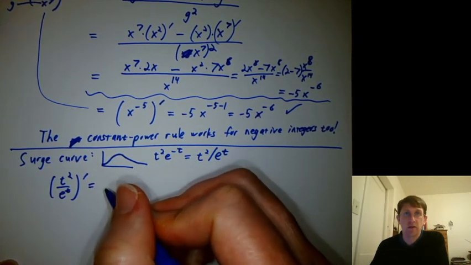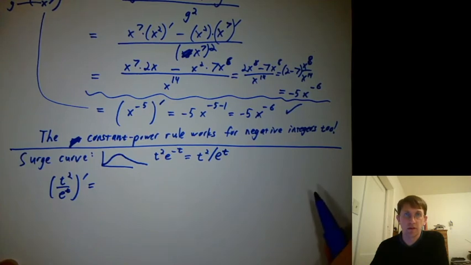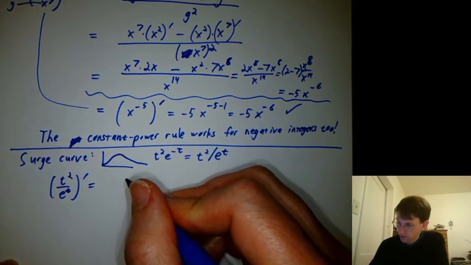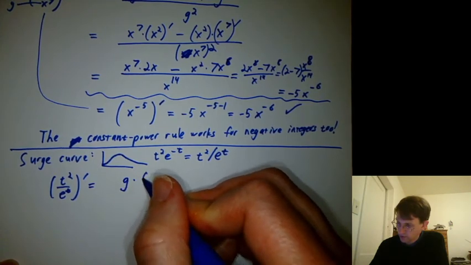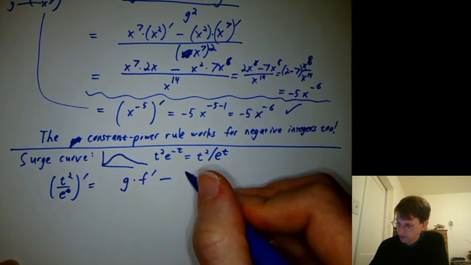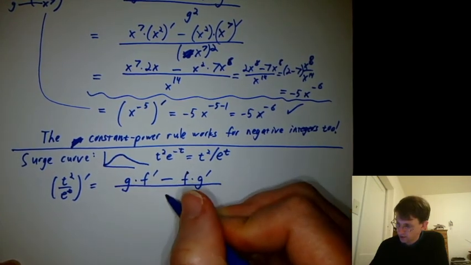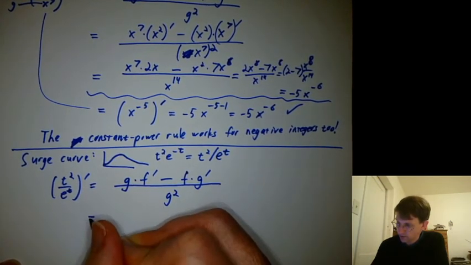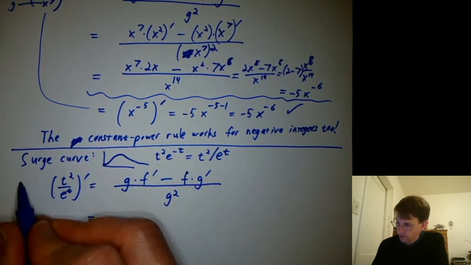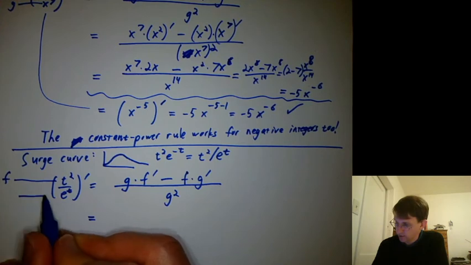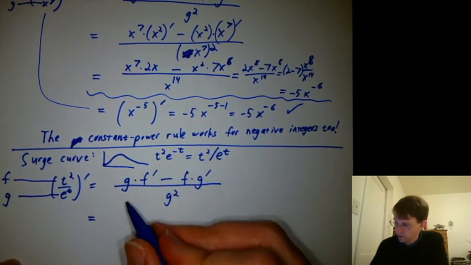So pause the video, work out the whole quotient rule. Ready? Okay, here we go. So let's rewrite the quotient rule. Low d high minus high d low, square the bottom, and off you go. We're thinking of t squared as f, and we're thinking of e to the t as g.